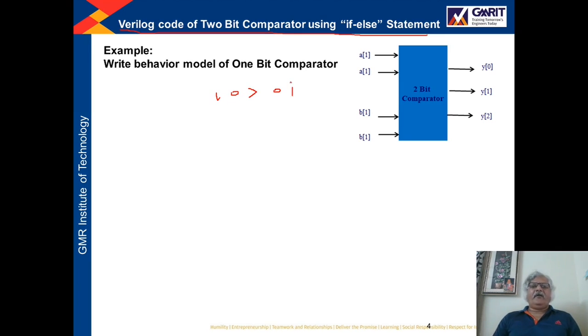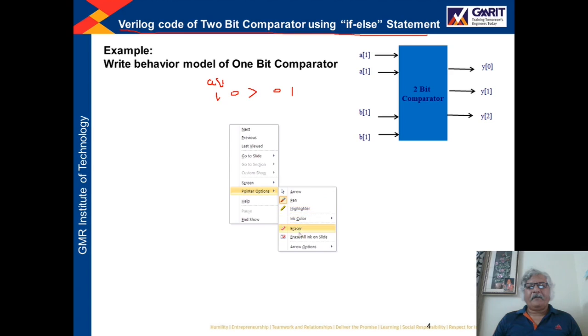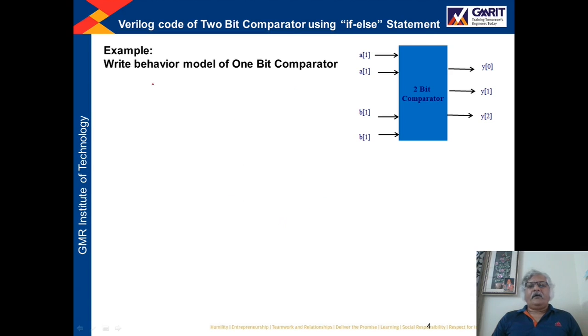So here for the inputs, I have created vectors. For example, this is my vector A1, A0, right?